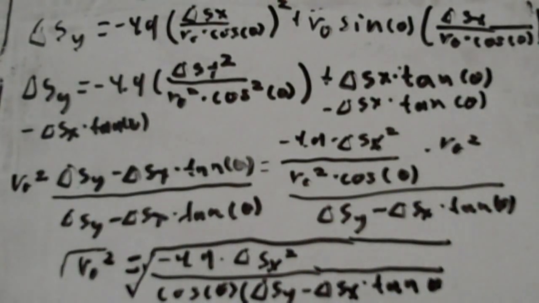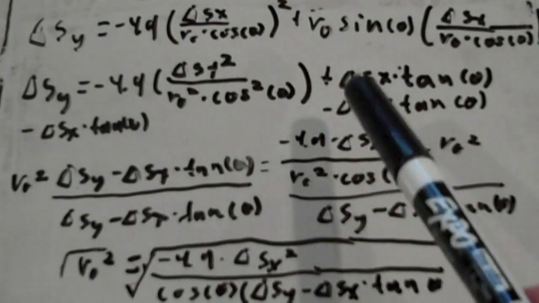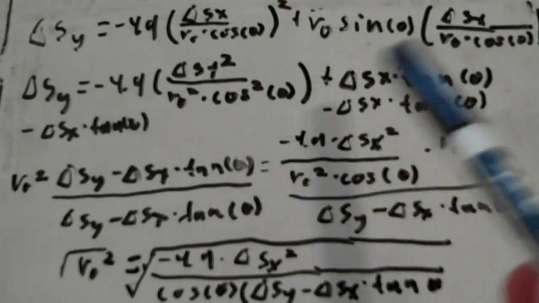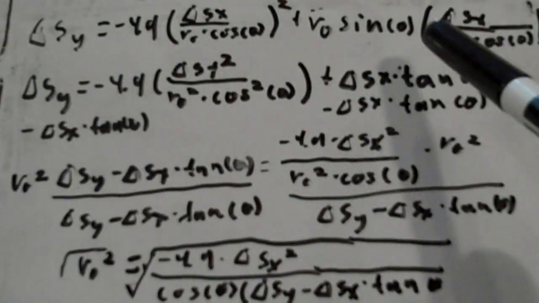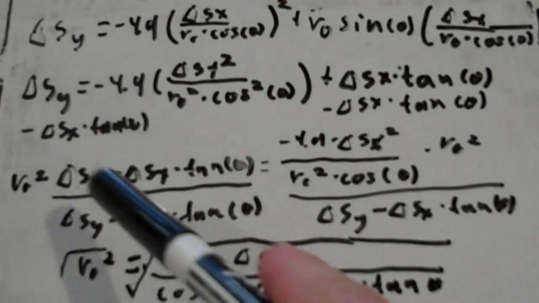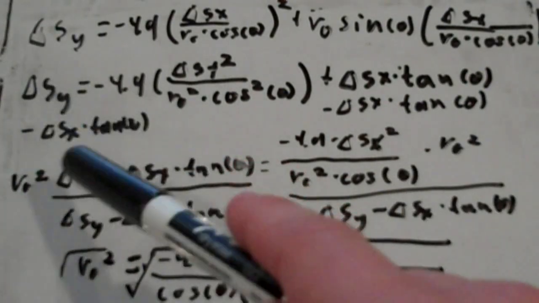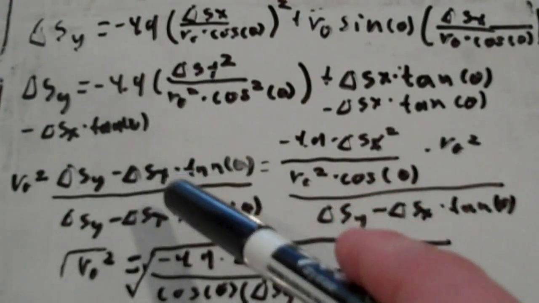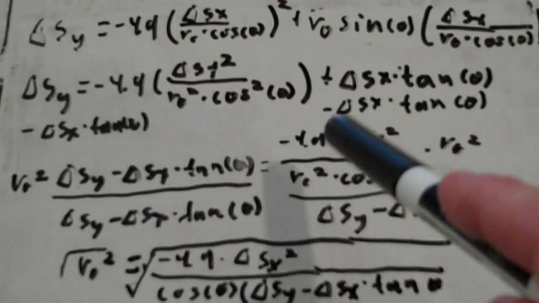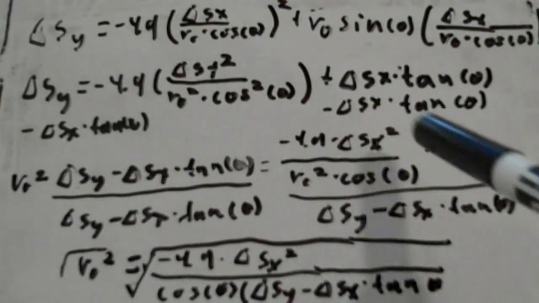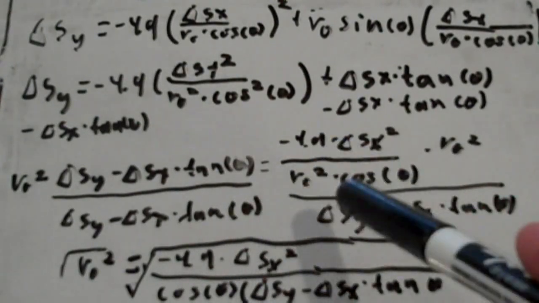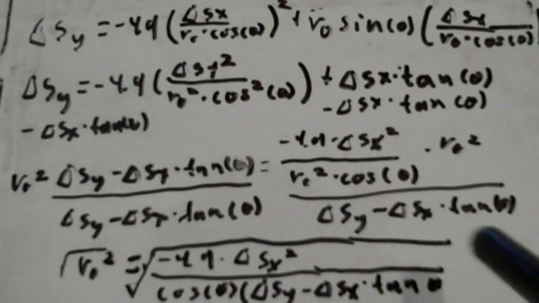I then subtracted the horizontal position times the tangent of theta from both sides, so these cancel. So we now have the vertical distance minus the horizontal distance times the tangent of theta equals negative 4.9 times the horizontal distance squared over the initial velocity squared times the cosine squared of theta.